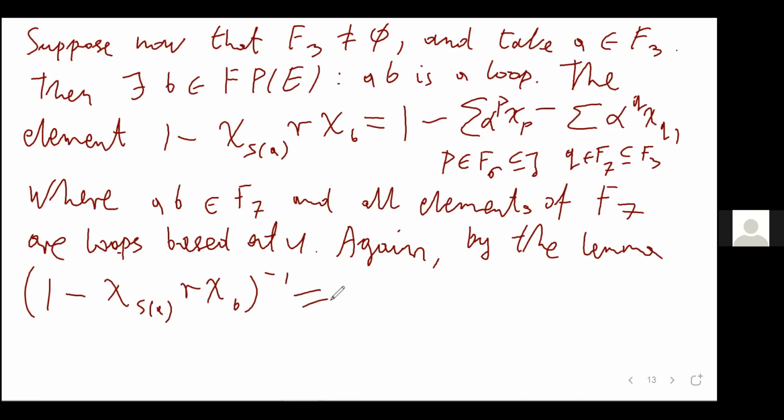Well, look at this expression. This sum over F6 is, of course, in the arrow ideal because my nilpotent ideal is in the arrow ideal.